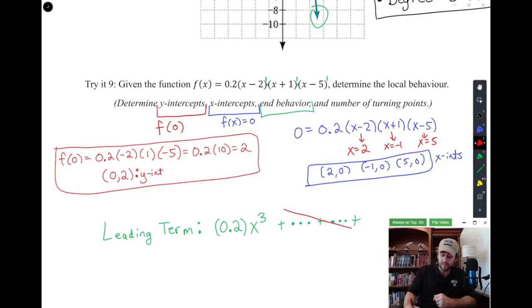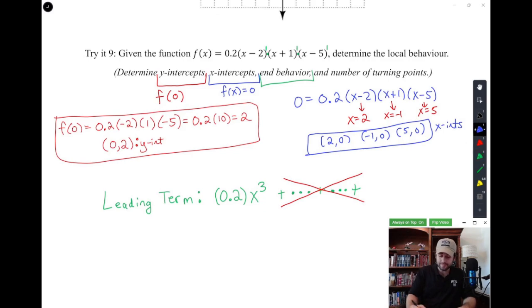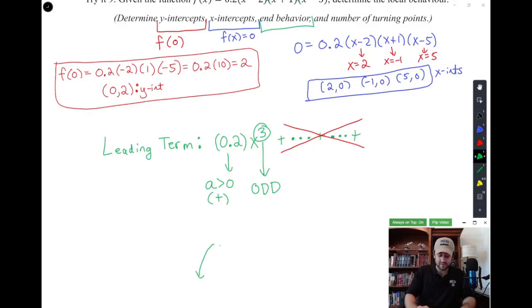But we don't care about that bunch of stuff added for the end behavior, because the leading term tells me the degree is odd, and a is greater than 0, or positive. An odd positive looks like a bank account that's going up, so it's going to look like this.